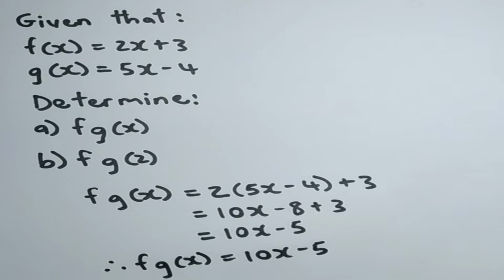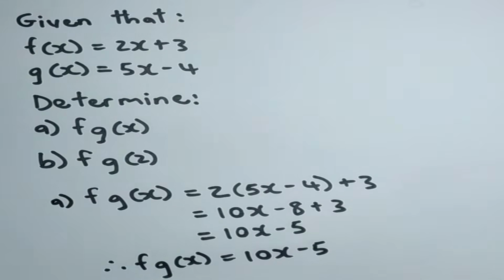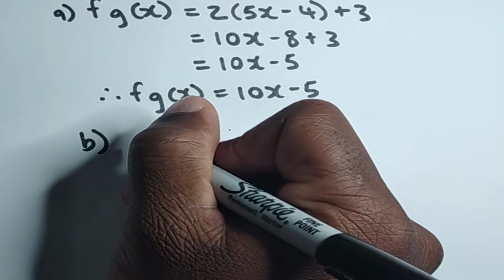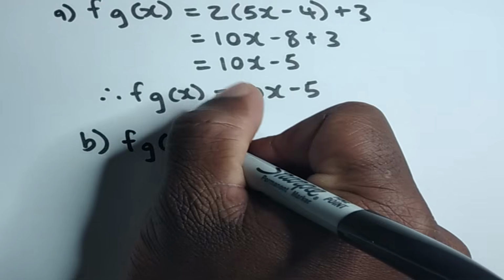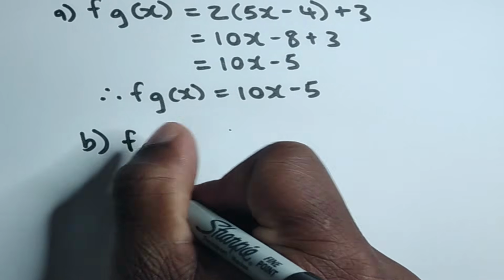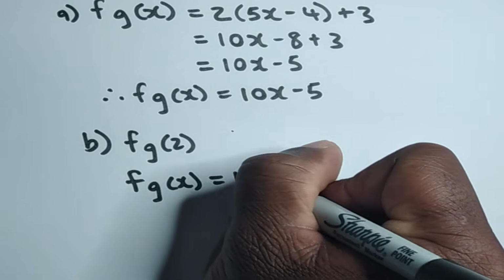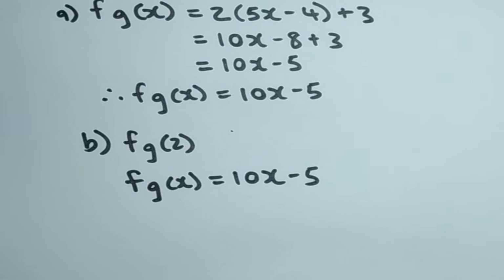So part B now, so this is the solution for part B now. So here we would have had f of g of 2, all right? So recall the f of g of x function that we just found, that's what, 10x minus 5, all right?